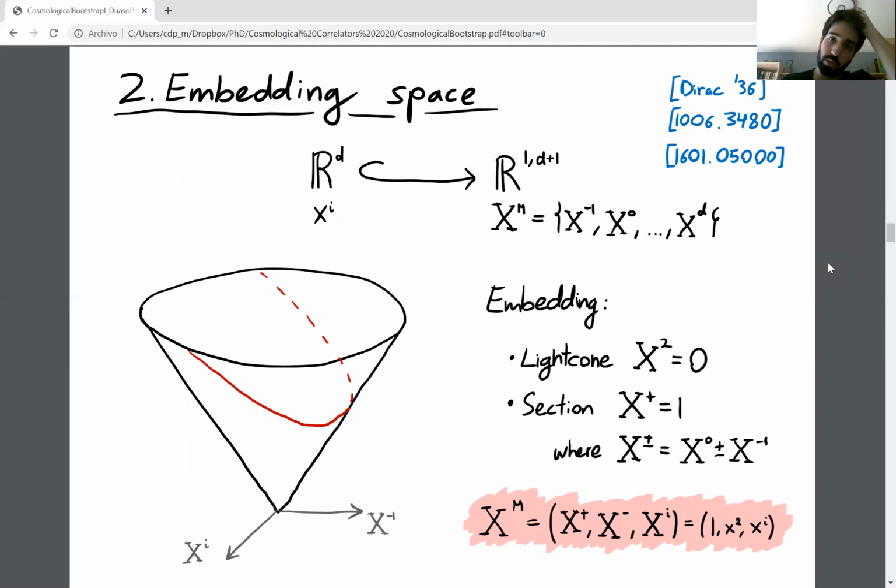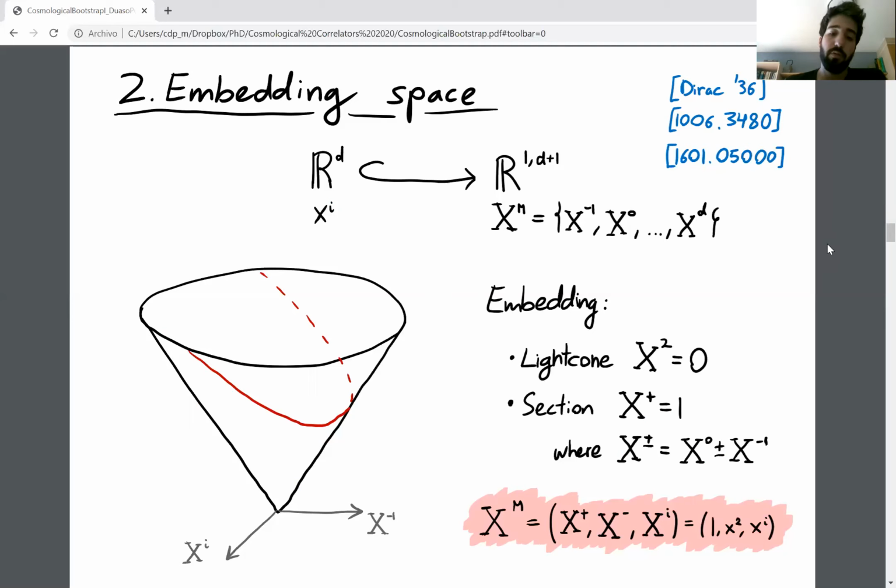This formalism was first introduced by Dirac a long time ago already, but it was Weinberg who brought it back 10 years ago, and since then it has been used in the context of the conformal bootstrap. This formalism is also, by the way, well described in this review by Slava Rychkov. So I recommend you to check it out if you want to know more about this.